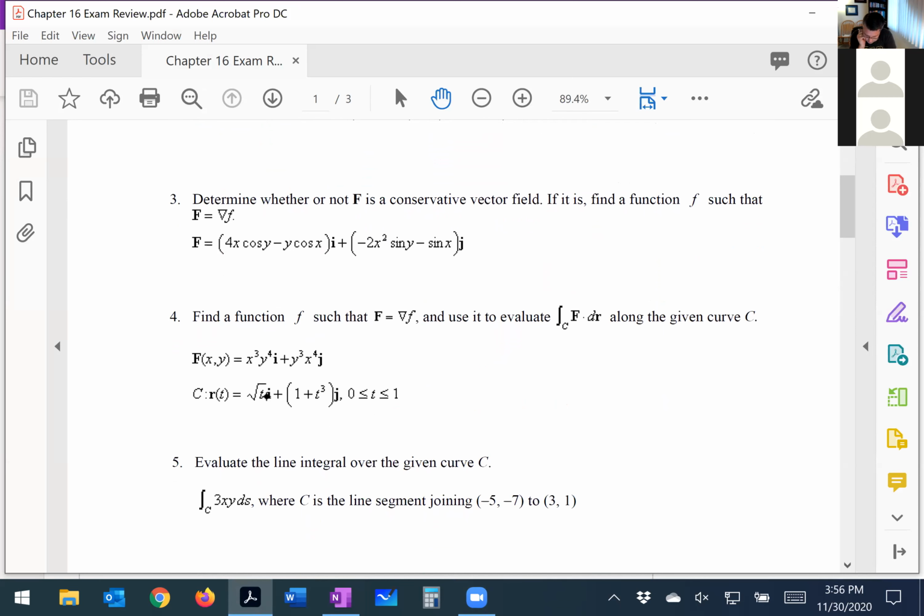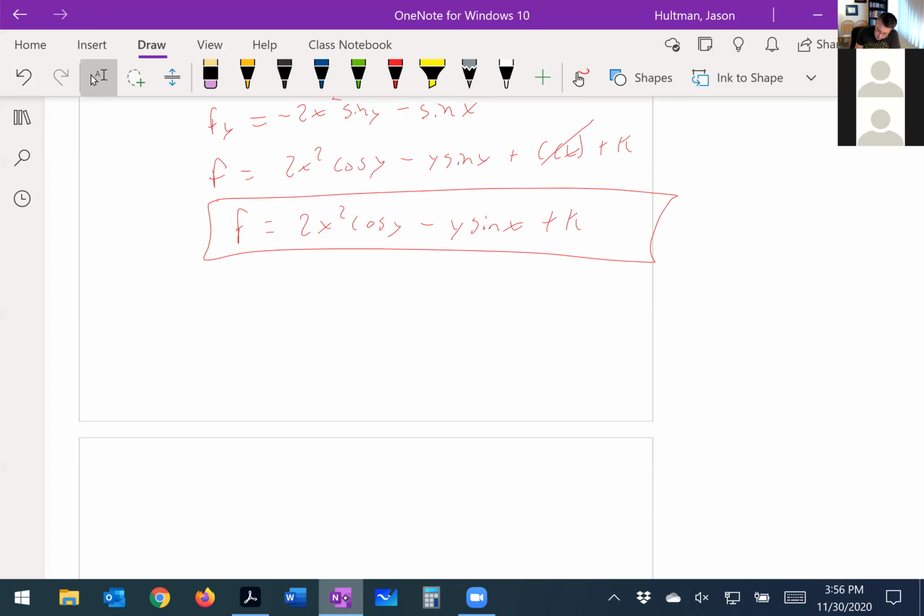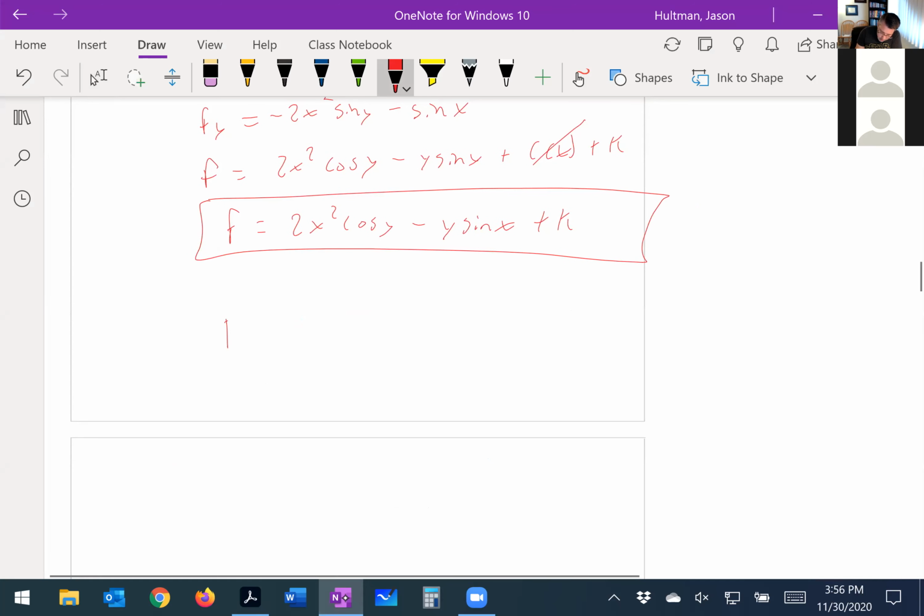Because if I take the derivatives of those, I think I'm going to get the exact same thing, right? So we've got F is equal to x cubed y to the 4th i plus y to the 3rd x to the 4th j.